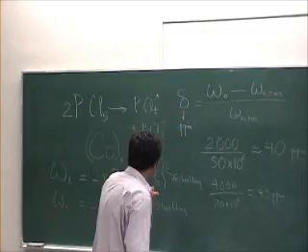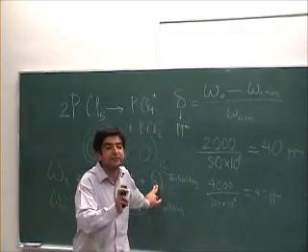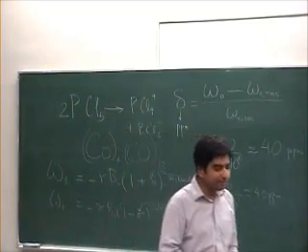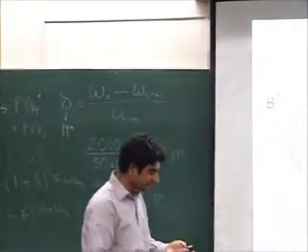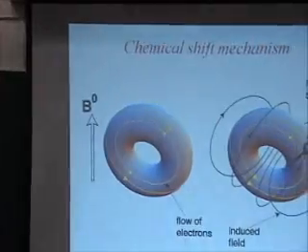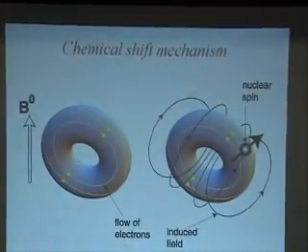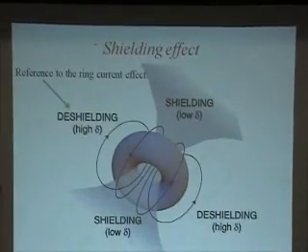This parameter is generally of the order of 10 to the power minus 5 or 10 to the power minus 6. So this is a rough description of chemical shift. Now we go into a few more details.